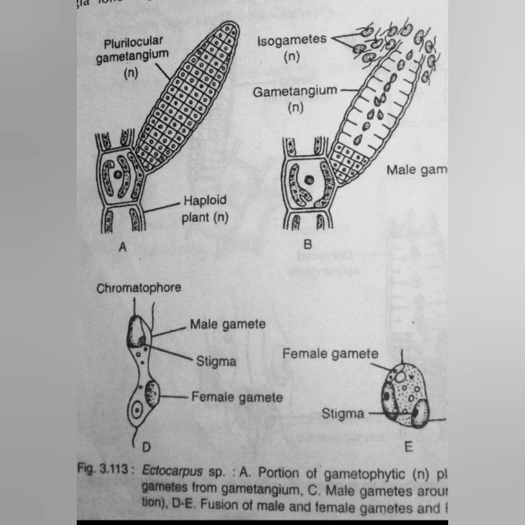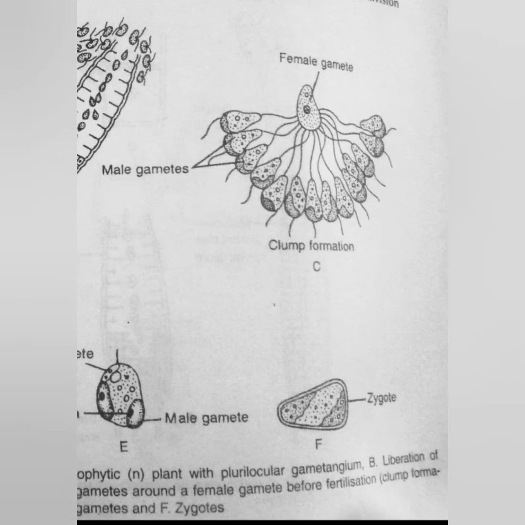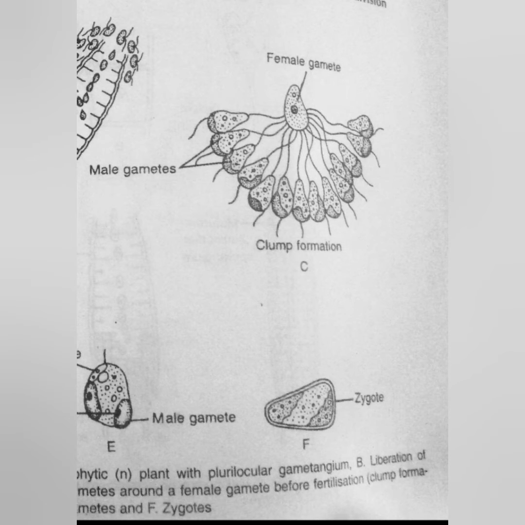So that is the difference. Though both are morphologically more or less alike, one more thing which is different here is that these haploid gametes which are produced are slightly smaller in size.